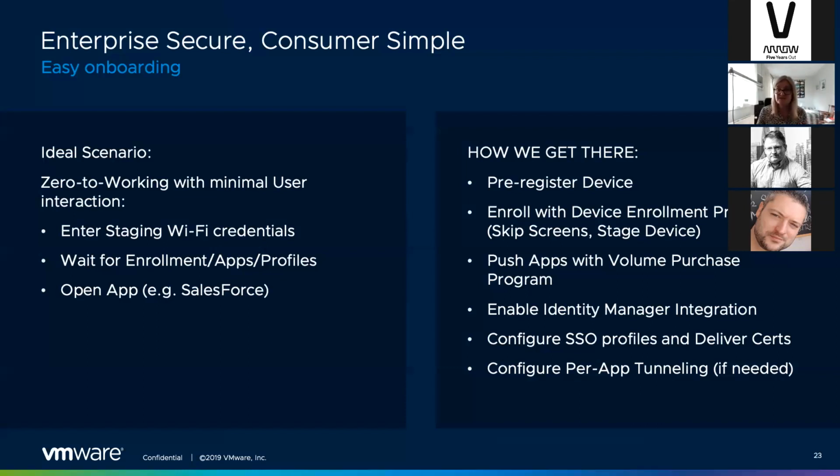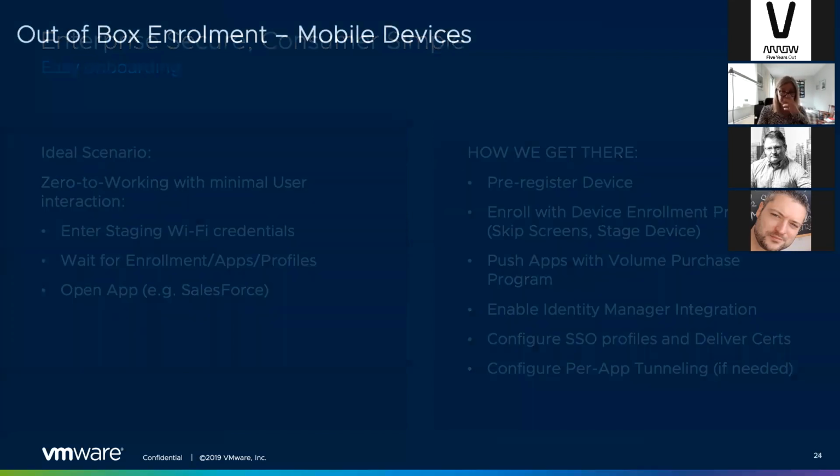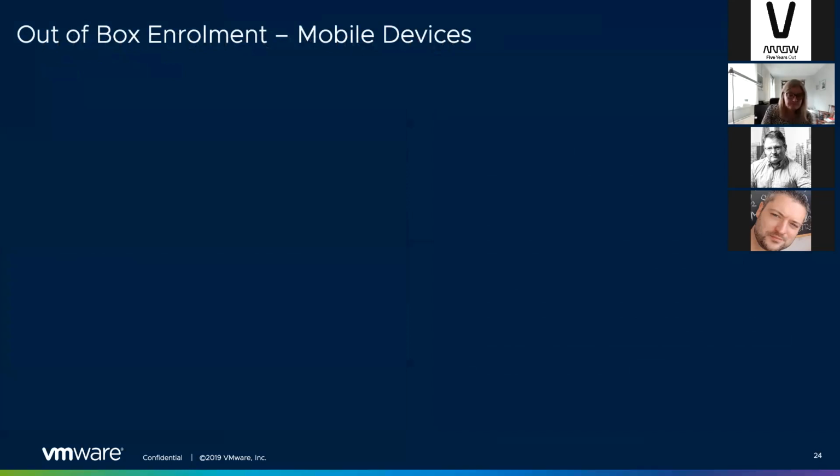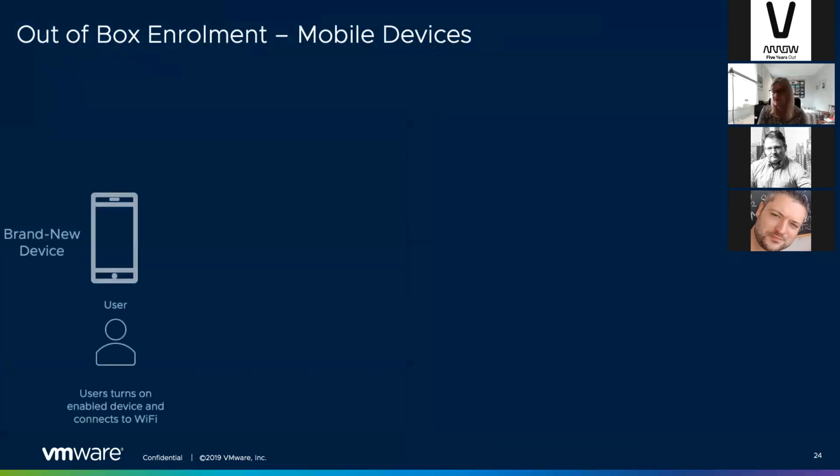I open it up. It's not configured from VMware. It's just registered in the device enrollment program. I authenticate using my VMware credentials, and then it's enrolled in Workspace ONE. And it's really quick, and it's really very easy to handle.